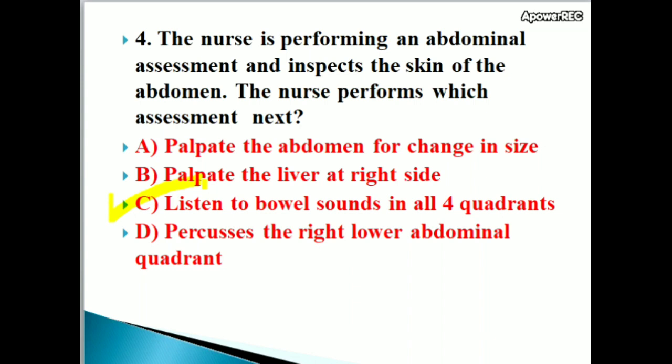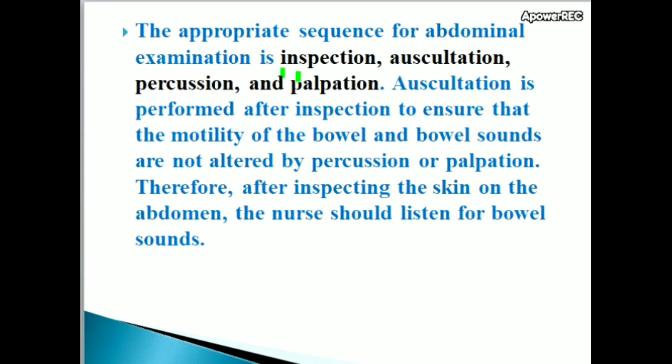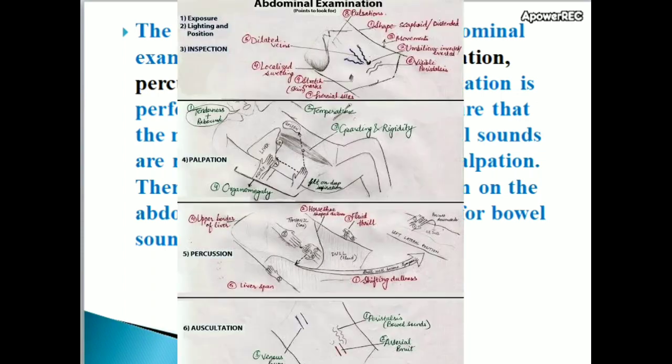The nurse is performing an abdominal assessment and inspects the skin of the abdomen. The nurse performs which assessment next? So after inspection, listen to bowel sounds in all four quadrants. The appropriate sequence for abdominal examination is inspection, auscultation, percussion and palpation.